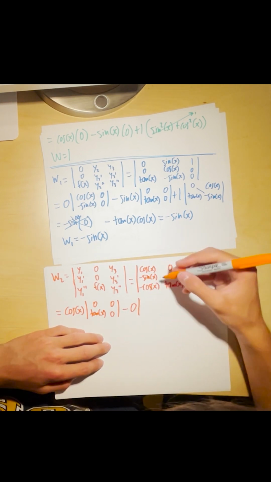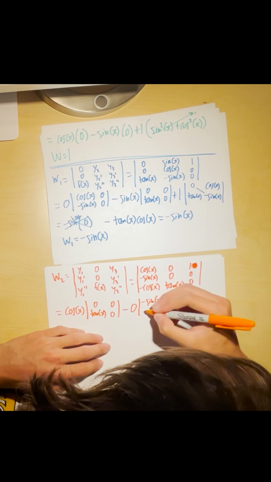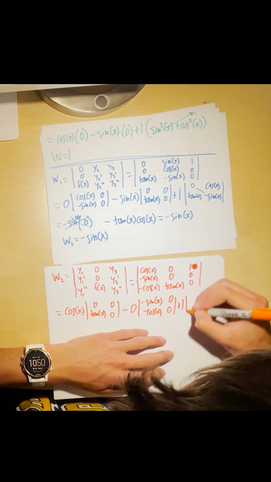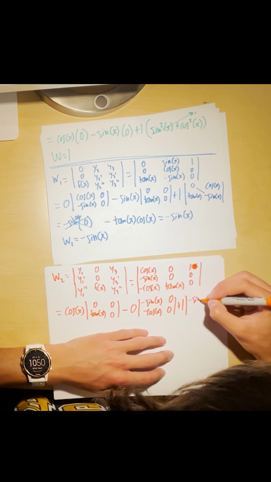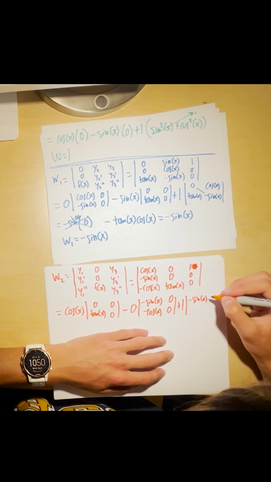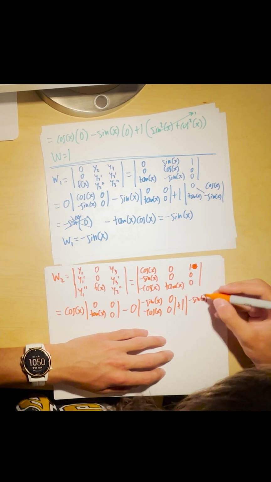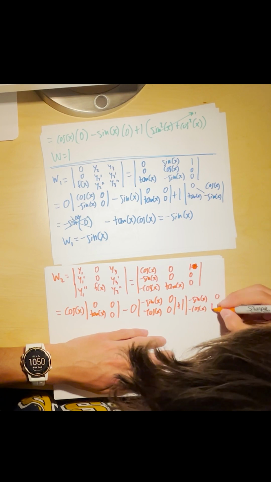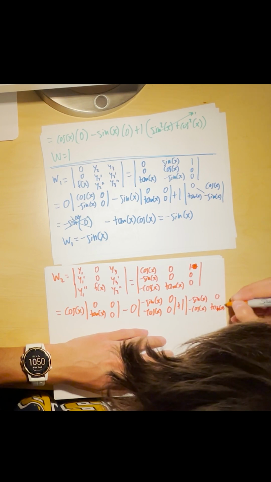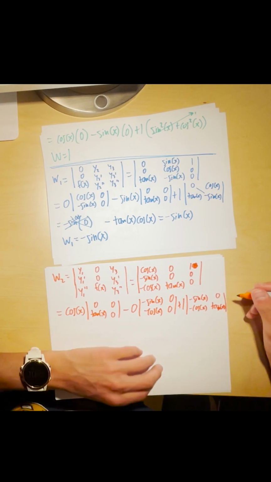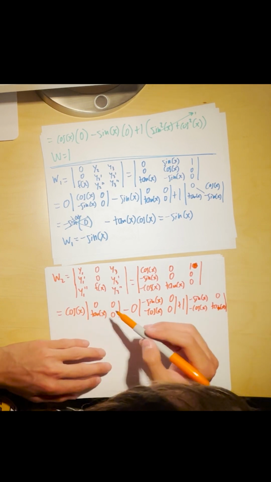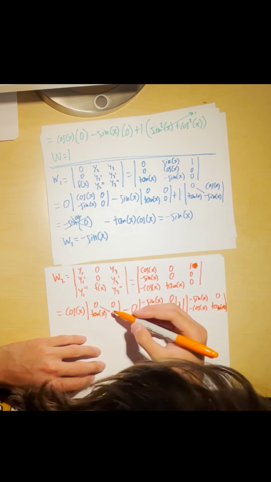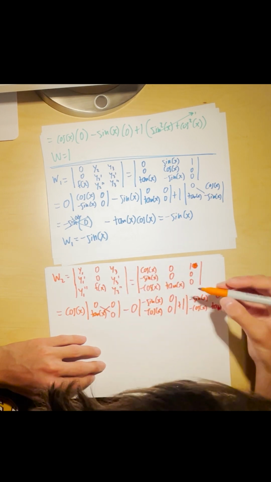And this part we're going to have, and for the final term, 1, negative sine of x, negative cosine of x, 0, tangent of x. And when we evaluate this, it goes to 0 because these multiplied together are 0, these multiplied together are 0.